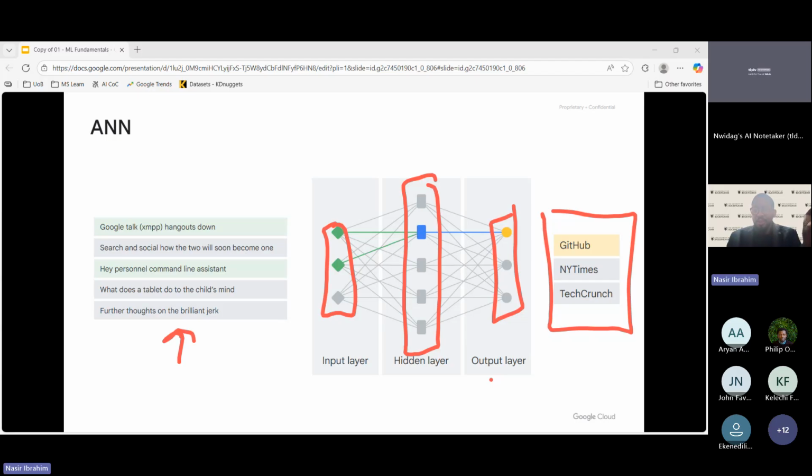Unsupervised. Unsupervised. Why do you say unsupervised? Not similar data. GitHub, New York Times, TechCrunch. Not labeled, not in the same category. Not in the same category. Okay. Any other one? Any other views?